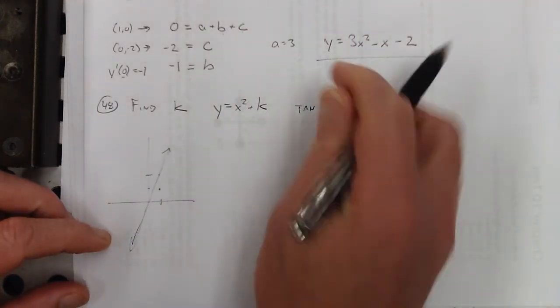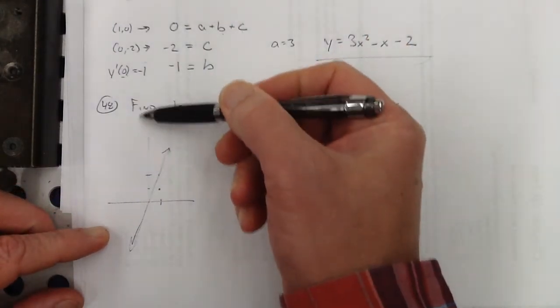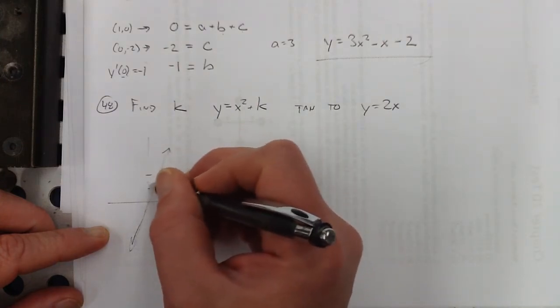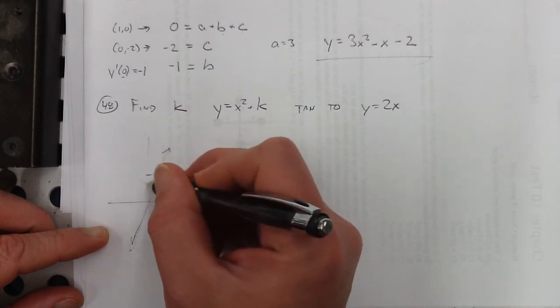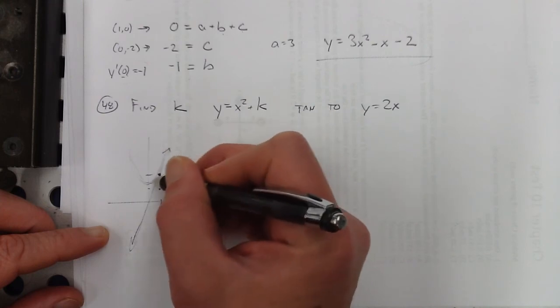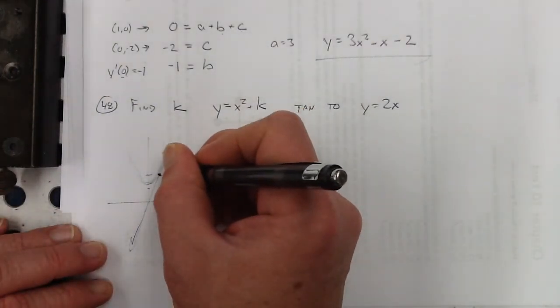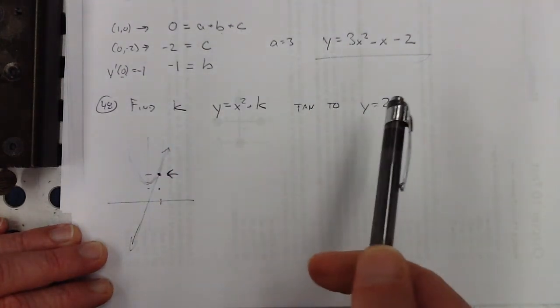The parabola, well, y equals x squared, we know what that looks like, and plus k, that just lifts that parabola up or down. So it's going to have to be lifted up a little bit here. There's a parabola that's going to graze that just right there. But I don't know where that is. There's some point here that's on this and on this.